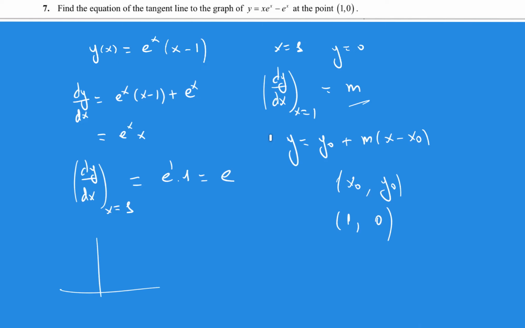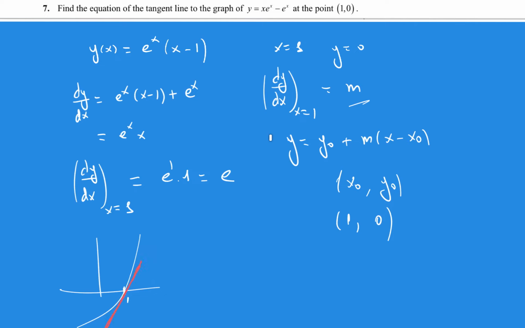I have the curve, whatever it is, I have the point 1, 0, so let me put the curve like this, whatever. This is the point 1, 0, and the tangent line, what is the equation of this line, of the tangent line?